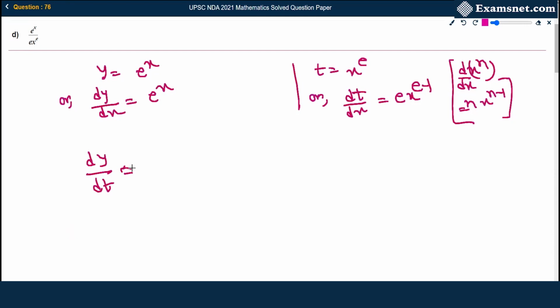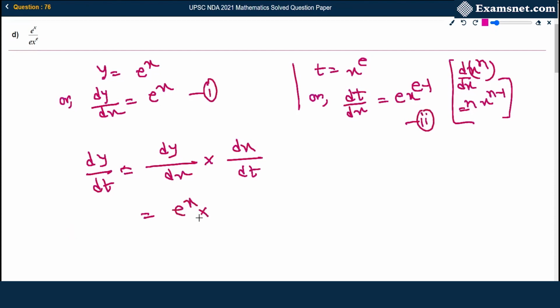So dy/dt can be written as dy/dx times dx/dt. This is called the chain rule. Fine, so let's put these values. Let's name them equation number 1 and equation number 2. So dy/dx is e to the power x, and dx/dt will be 1 by e x to the power e minus 1, from 1 and 2.